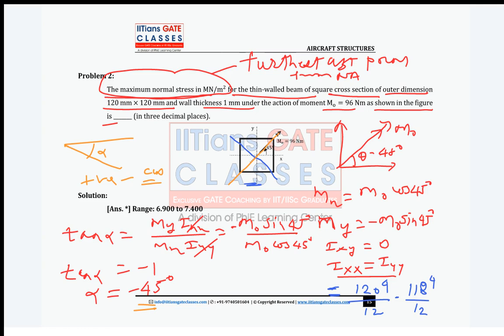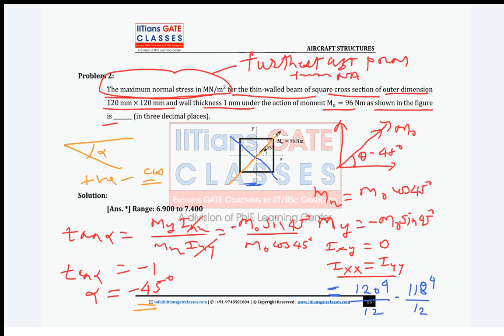So guys, find out this value. How much is this inertia value? It is 112, 35, 18.